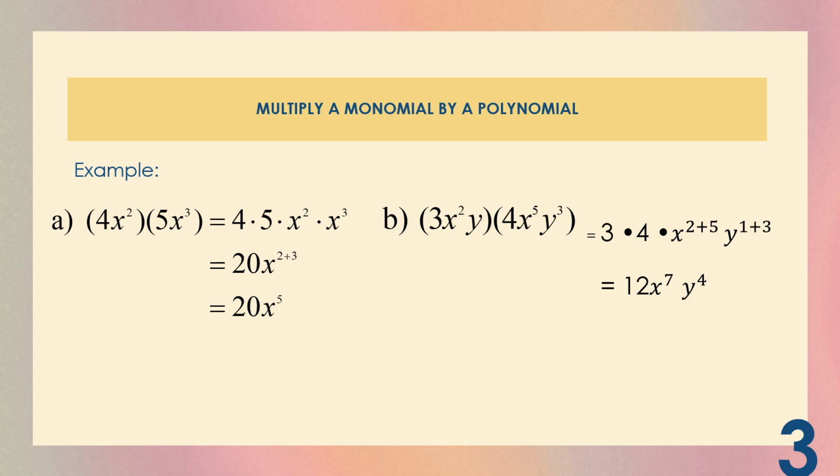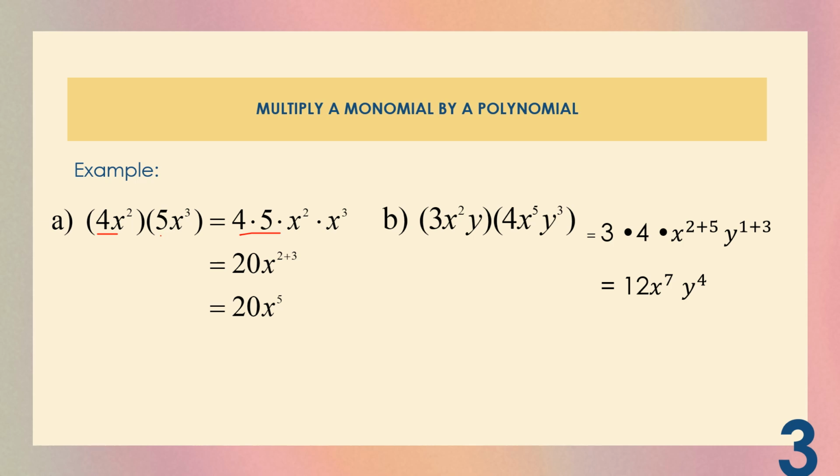Let's have example number A. Letter A, we have 4x squared times 5x cubed. We multiply 4 and 5, and then we add the exponents, 2 plus 3.